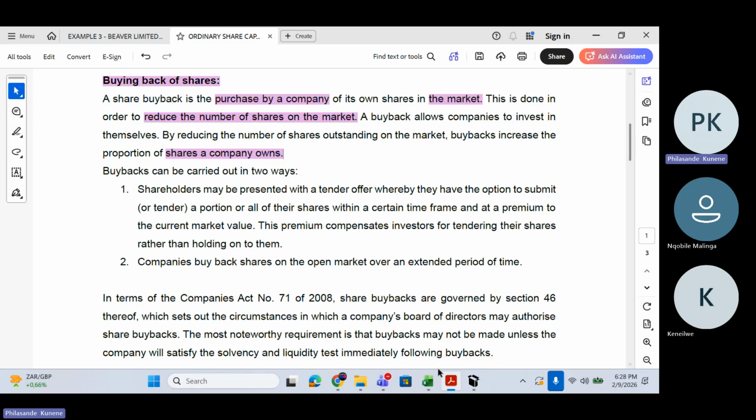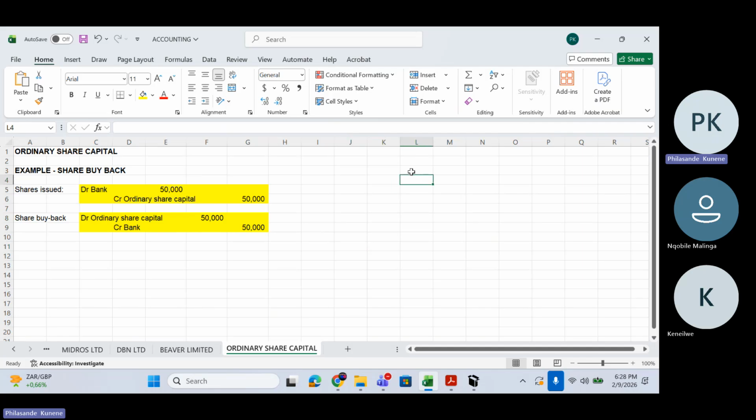Because if we have 4 shareholders, shareholder 1, shareholder 2, shareholder 3, and shareholder 4, they may each be holding 25%.